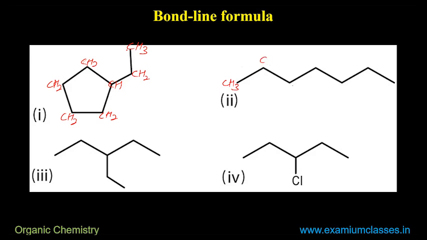Carbon, carbon, carbon, carbon, carbon, carbon. 2 bonds here, rest 2 hydrogen. 2 bonds, 2 hydrogen. 2 bonds, 2 hydrogen. CH2, CH2. 1 bond, 3 hydrogens. Similarly here, 7 carbons, bends or ends. 1 bond, 3 hydrogen. 2 bonds, 2 hydrogen. 3 bonds, only 1 hydrogen.